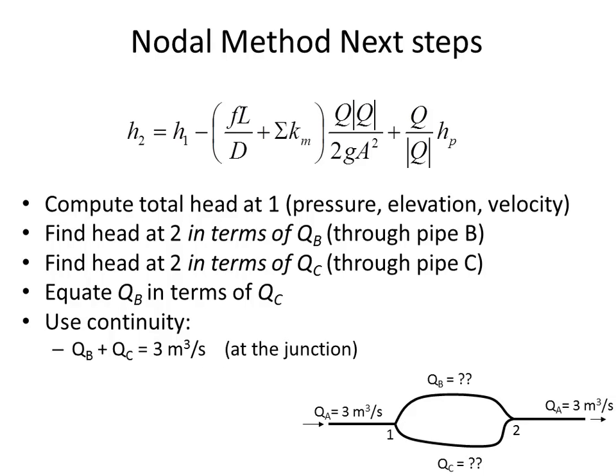So not only do we not know how much head there is at 2, but we don't know what the flow rates are. But we do know that the head at 2 is equal to the head at 2, regardless of whether you go to the top or the bottom. So we're going to write this equation that's at the top of the screen there twice, once in terms of the top route, once in terms of the bottom route, and then we're going to set them equal to each other.